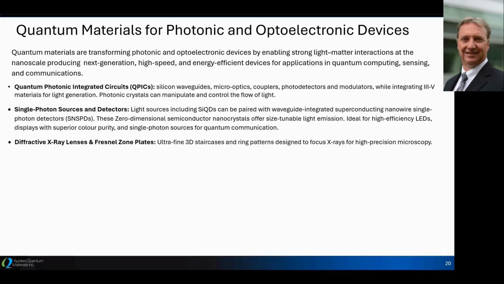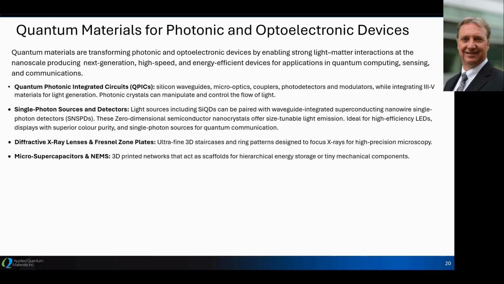I mentioned diffractive X-ray lenses, Fresnel zone plates by the local company Applied Nanotools, micro superconductors and nano electromechanical systems, 3D printed networks to store energy, etc.